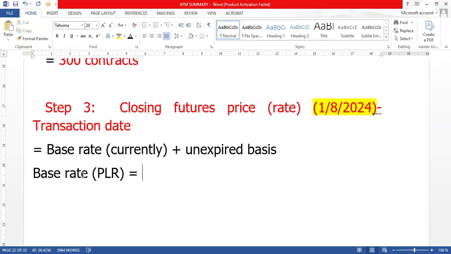For you, focus on currently now, what is the rate? The rate is 14.5. Okay.